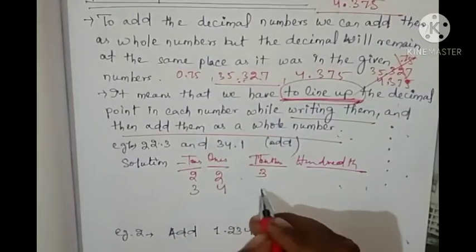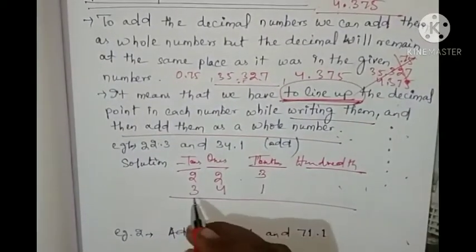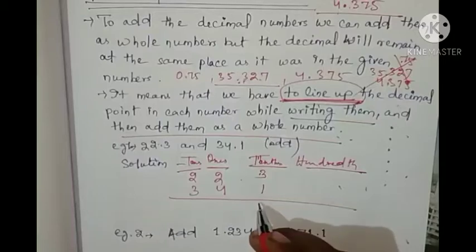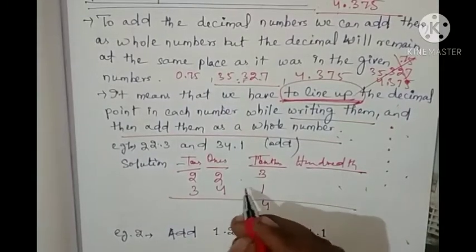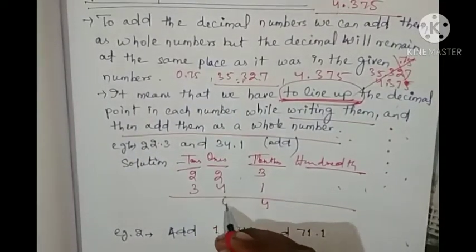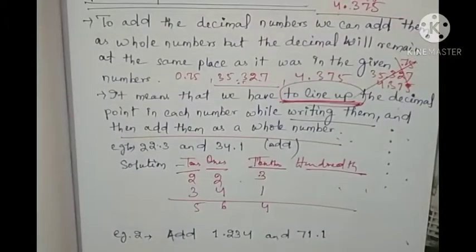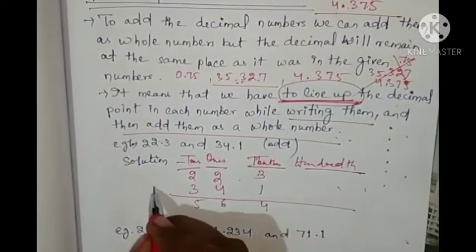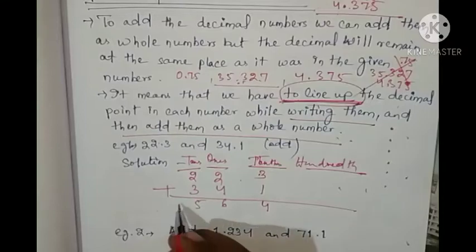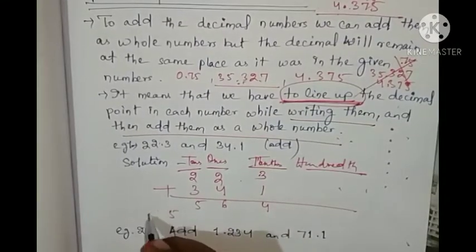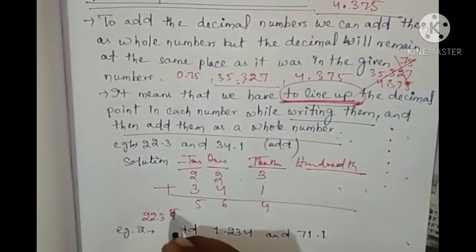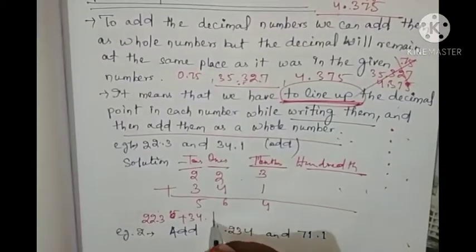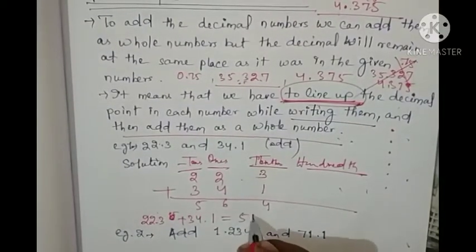Then 34.1: 3, 4, 1. Adding, 3 plus 1 is 4, 2 plus 4 is 6, 3 plus 2 is 5. So 22.3 plus 34.1 equals 56.4.